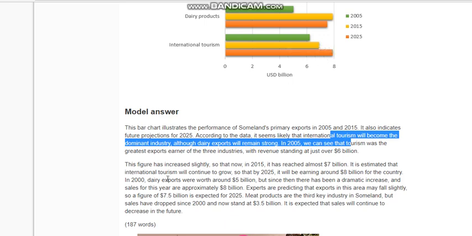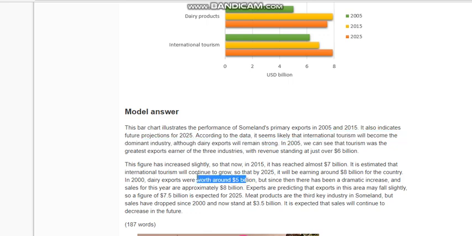In 2000, dairy exports were worth around 5 billion. Dairy products. Okay, fine. But since then, there has been a dramatic increase, and sales for this year are approximately 8 billion.